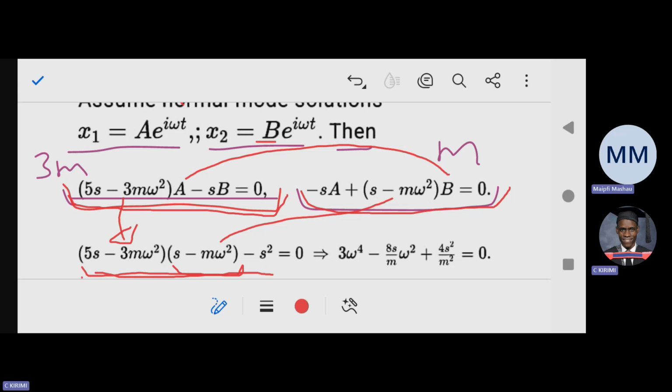Then when we multiply negative sb and sa, are we not supposed to have positive s squared? No, we are not multiplying. Remember, it's plus. We are adding those two. So a plus minus gives you what? It's a minus. Yes.